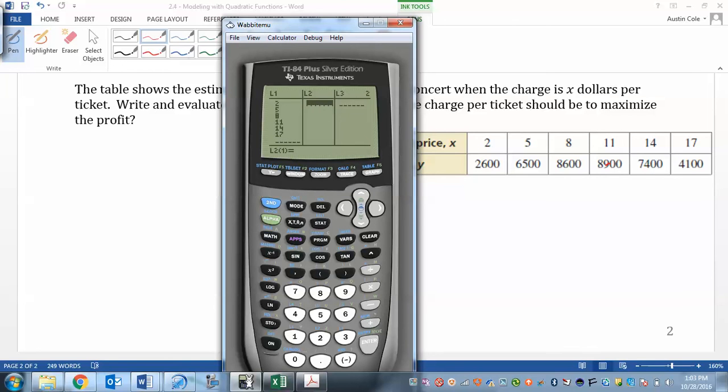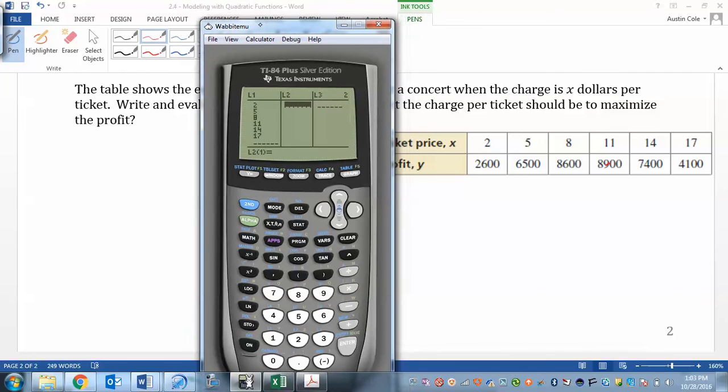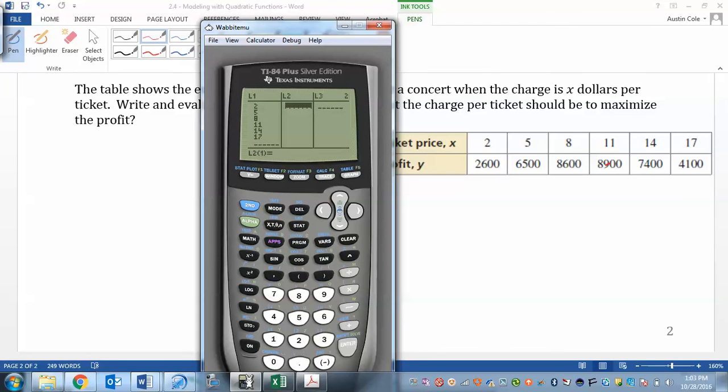Those are our x's, and now we're going to input our y's. So 2600, enter. 6500, enter. 8600. 8900. 74.